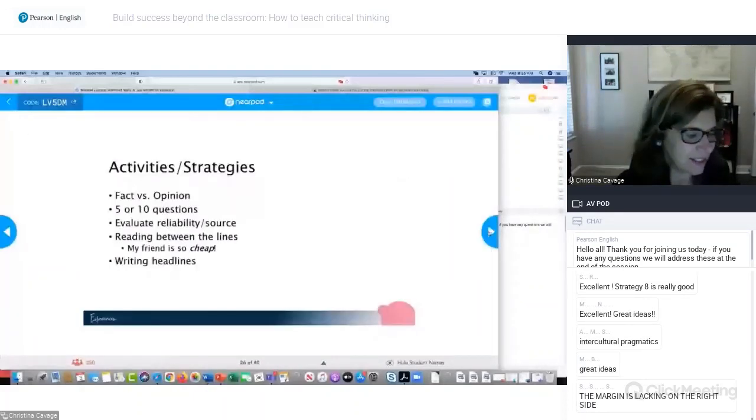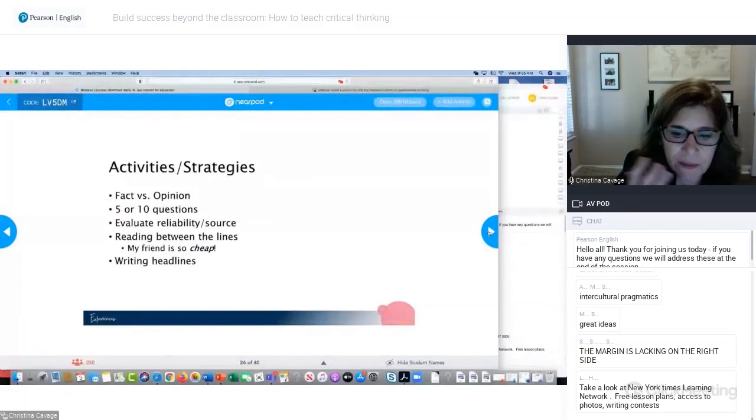Just a few other activities and strategies that I'd like to cover before we go into project-based and task-based are fact and opinion: getting students to determine what's a fact and what's an opinion. When I do this, you build up to it, which is where the spiraling comes in.